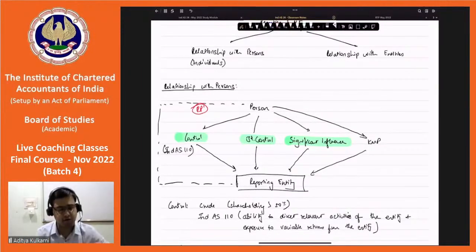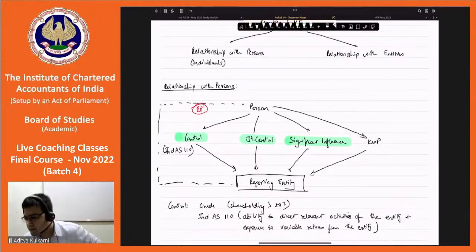Please tell me if you have any doubts. If not, then we shall proceed further. No, sir, it's clear. Srinidhi has confirmed, Sai Ram has confirmed.